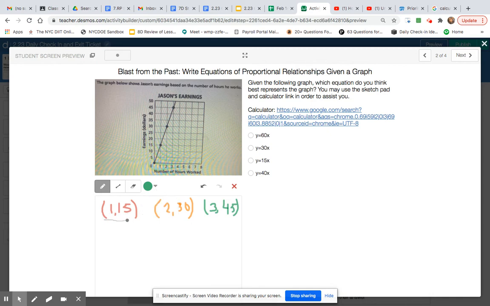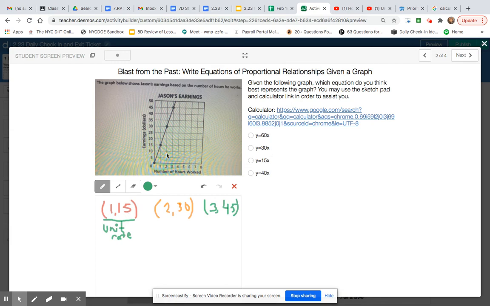So here, we could just look here. Since this point represents the unit rate, because it's the amount that Jason earned per hour, or in 1 hour, you technically have your answer right here. In 1 hour, Jason made $15. So the 15 is going to represent our constant of proportionality. So the answer choice will be y equals 15x.